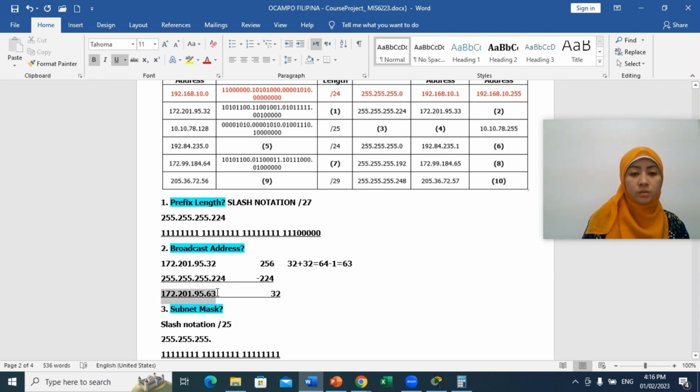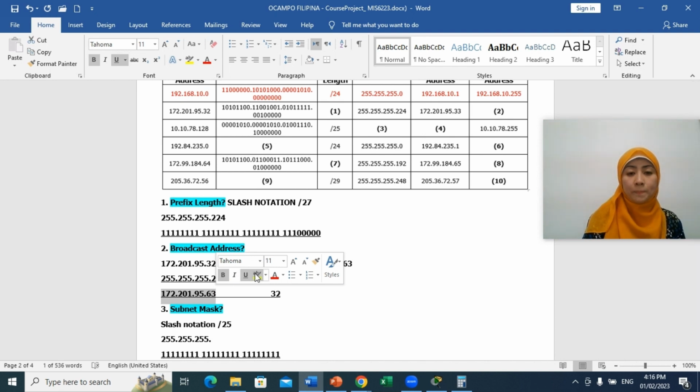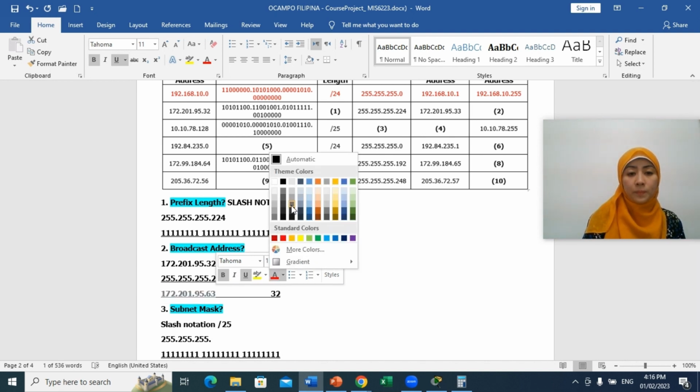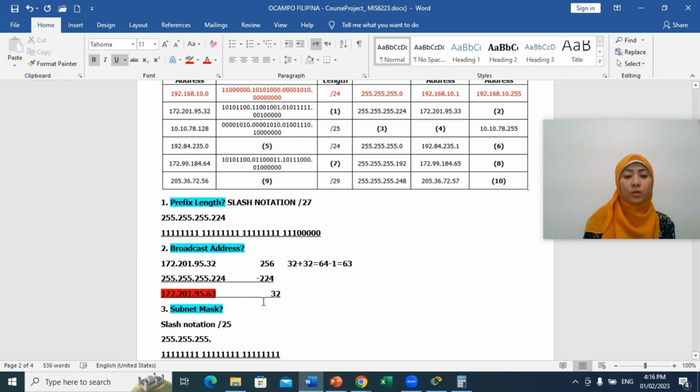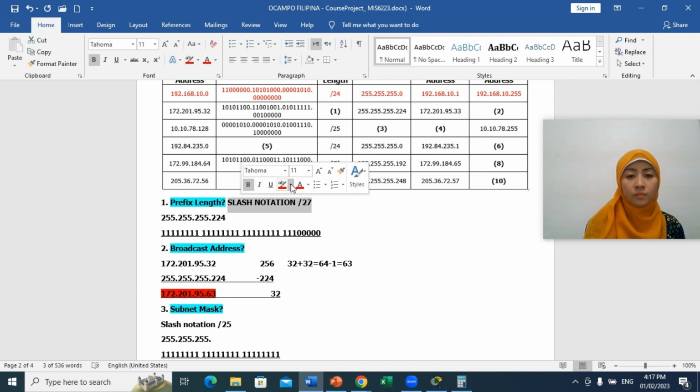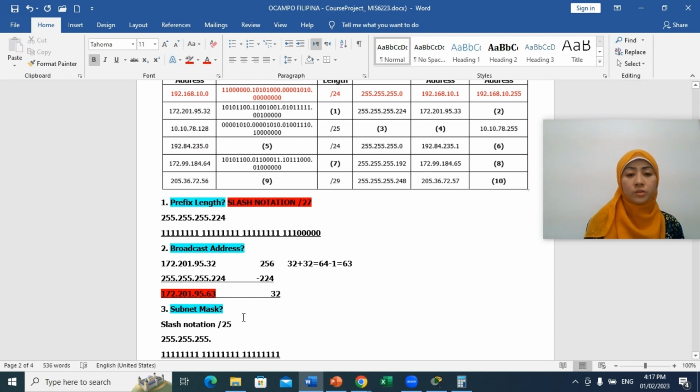So this is my answer, I have it in red. This is the broadcast address for number two. All of my answers I will highlight in red. So this red means this is the answer.